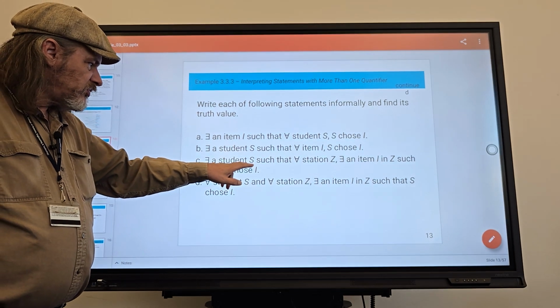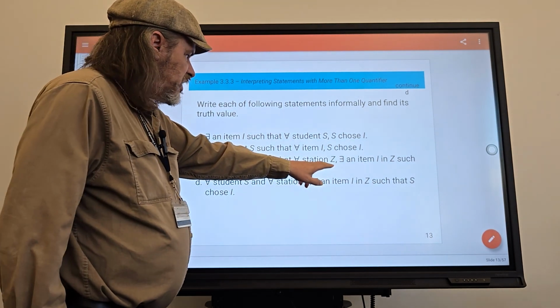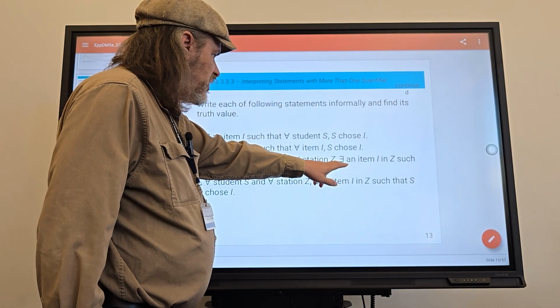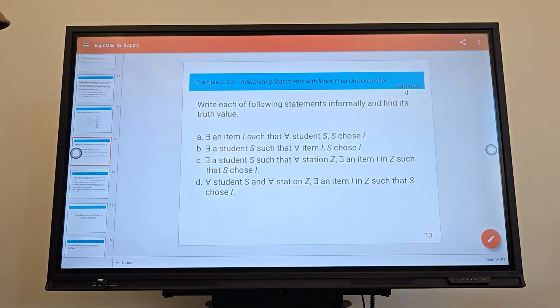And yeah, that one was true too, because Uda and Tia, I think, chose an item from all stations.